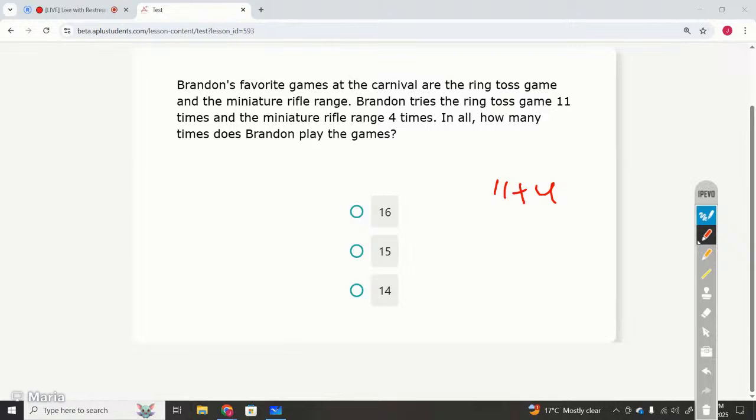Add 11 plus 4 makes 15. Option number 2 is the correct option.